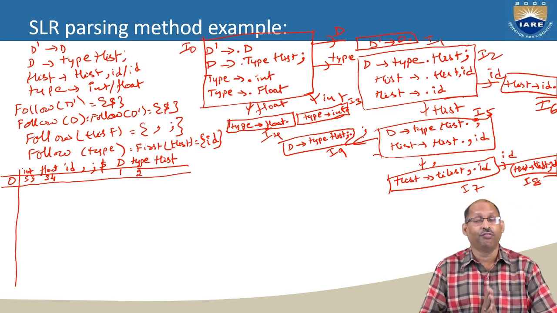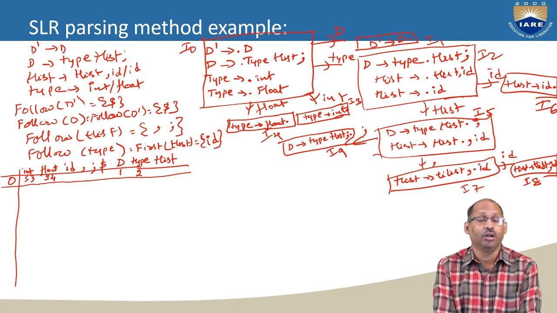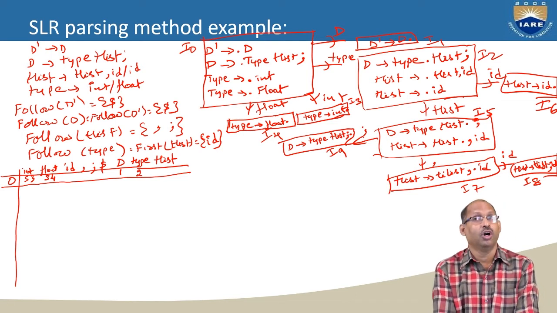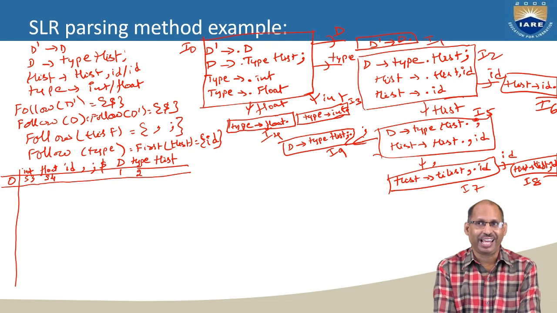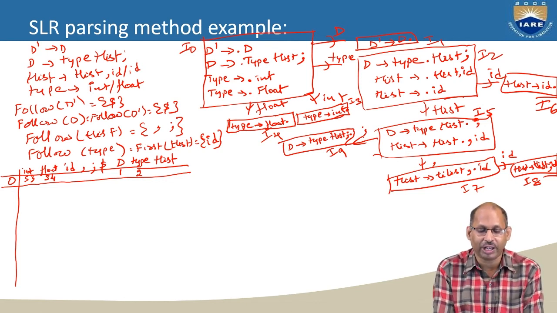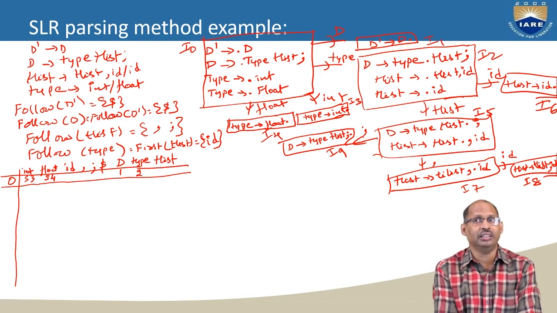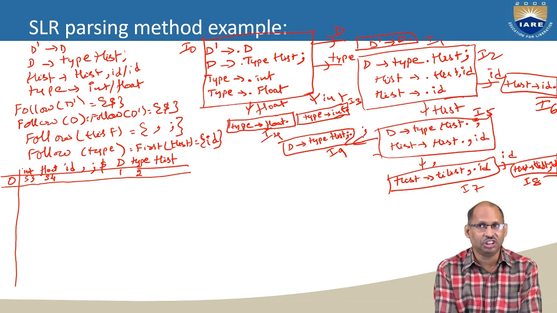I0 has four go to operations. What are the four go to operations? On the variable D, we simply write 1. On the variable type it is going to I2, so we write 2. On int it is going to I3.